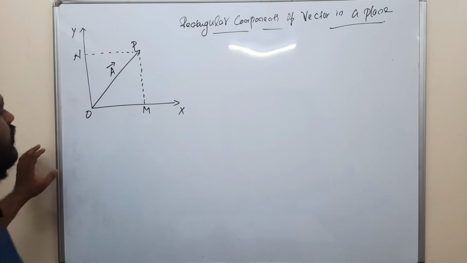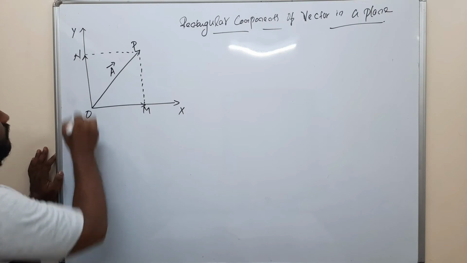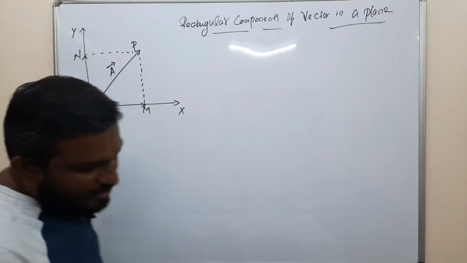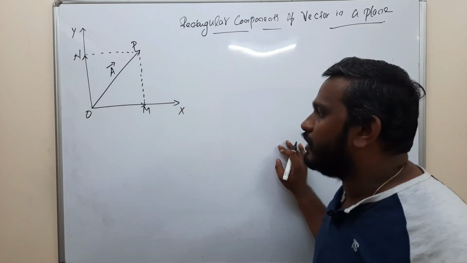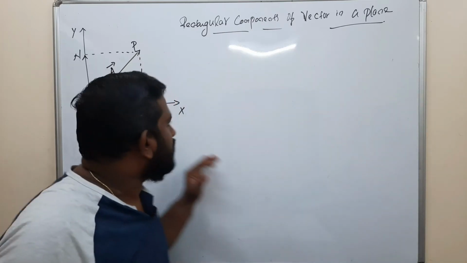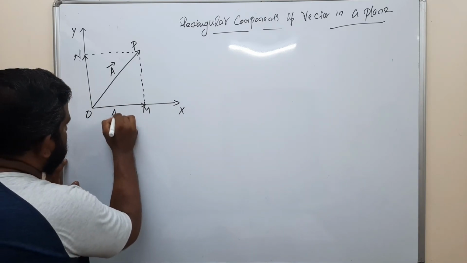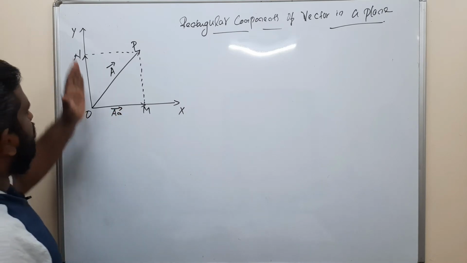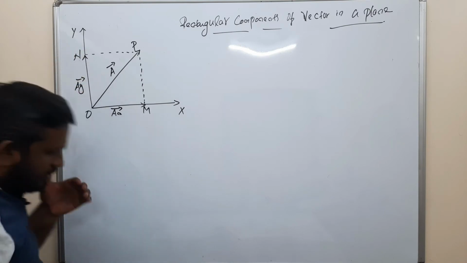So these two, OM vector along the x-axis and ON vector along the y-axis, are called the two components of this vector. OM vector along the x-axis is called the horizontal component of this vector, which I am taking as AX vector. And the vertical component along the y-axis is called AY vector.